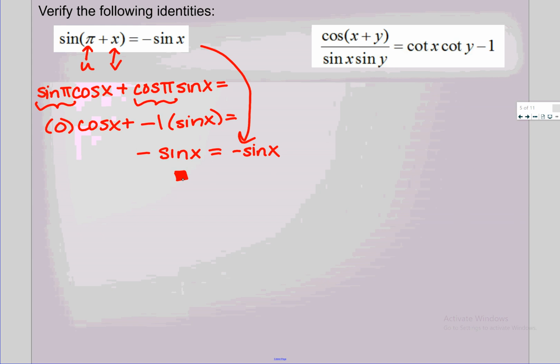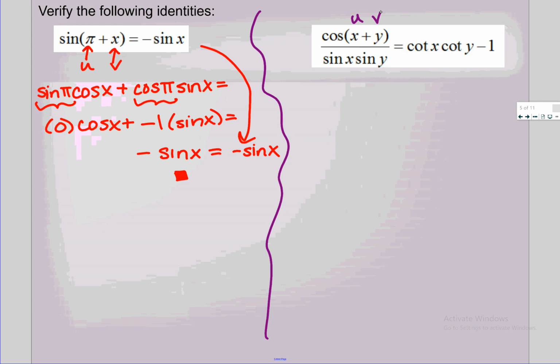Okay. Next one. I've got a cosine of x plus y on top. You don't have a choice. That's a u and a v. The first thing you are doing is expanding that numerator using your sum and difference identity for cosine.